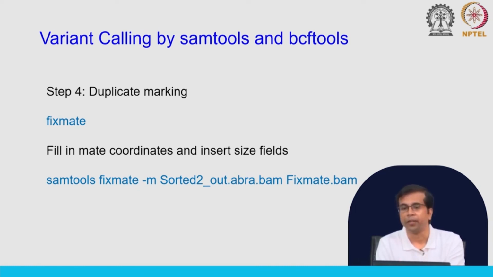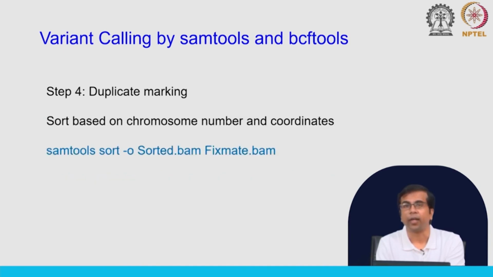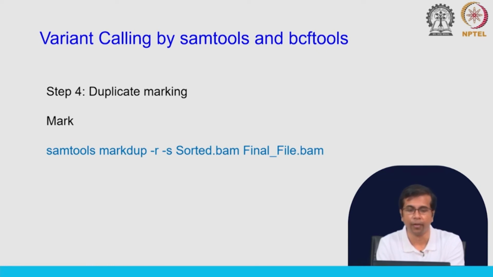Once this is done, we again sort based on chromosome number and coordinates, because duplicates will be identified by their positions in the reference sequence. As we have discussed, they should start at the same position and end at the same position. And finally, the actual marking, this is the markdup command that we can execute.